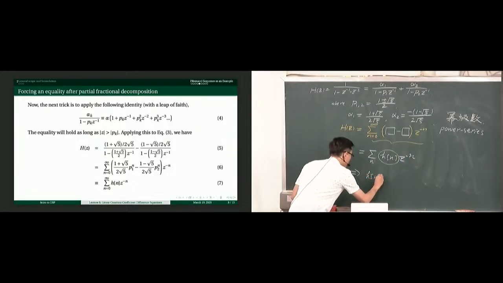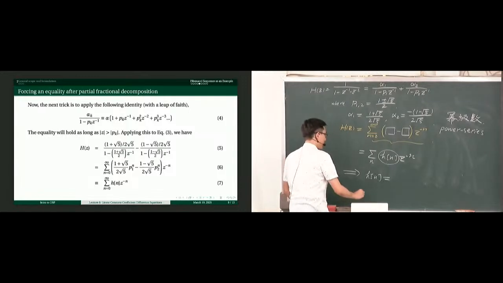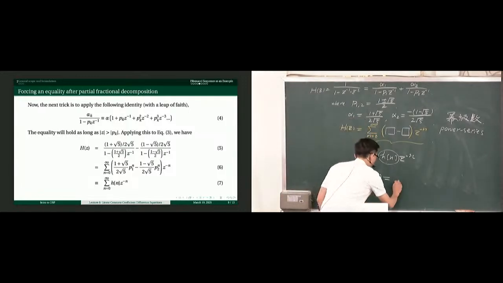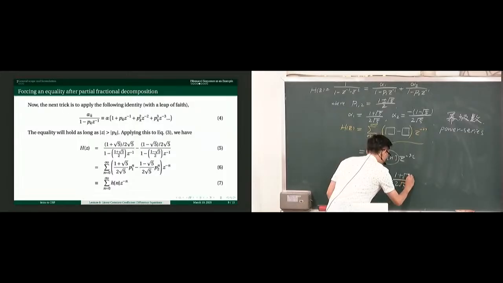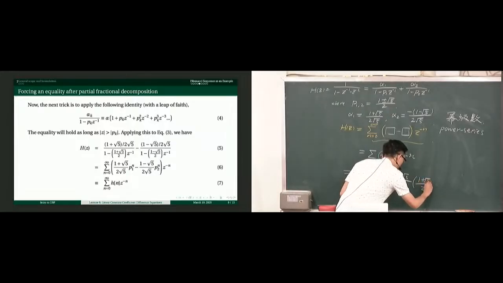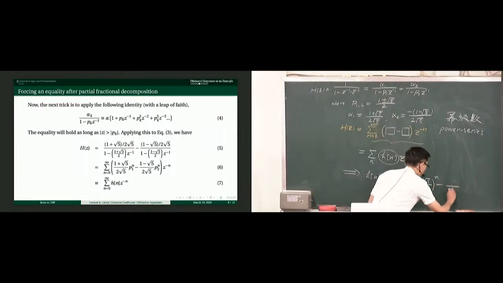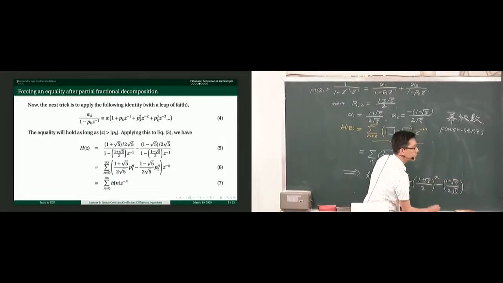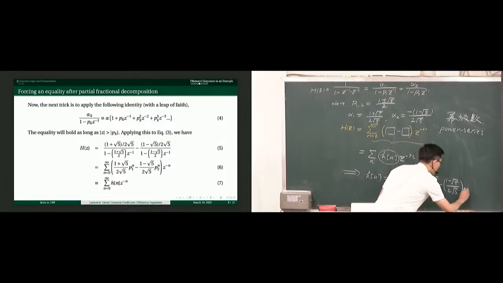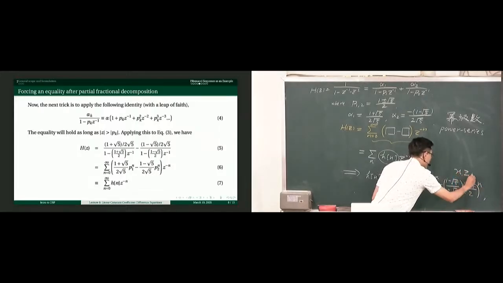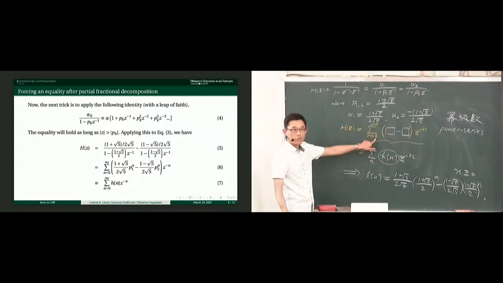Therefore, h of n for every n must equal that: 1 plus square root 5, that's the alpha part, times P1 to the n power, minus that times P2 to the n power, when n is greater than or equal to 0, because the summation index starts right here.